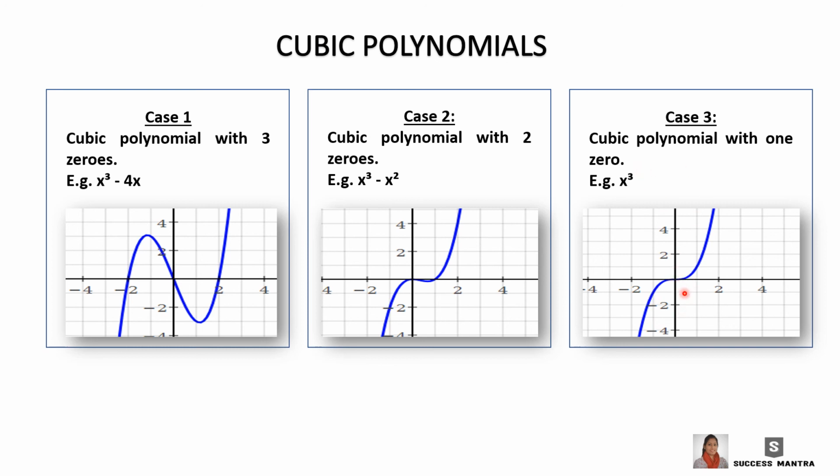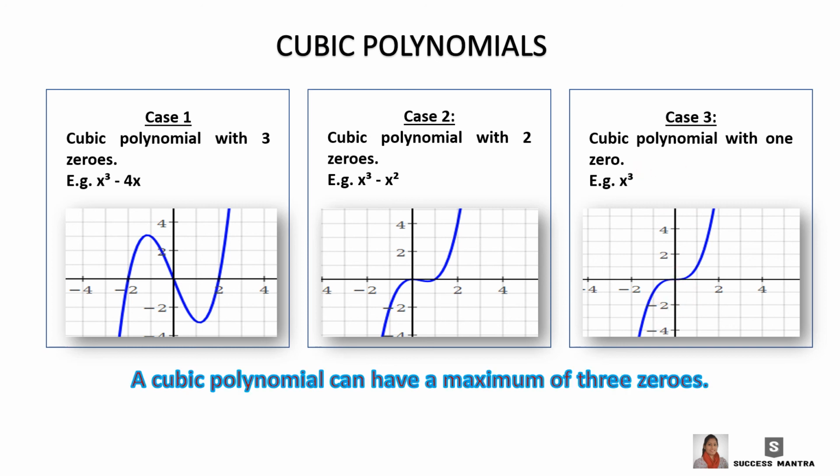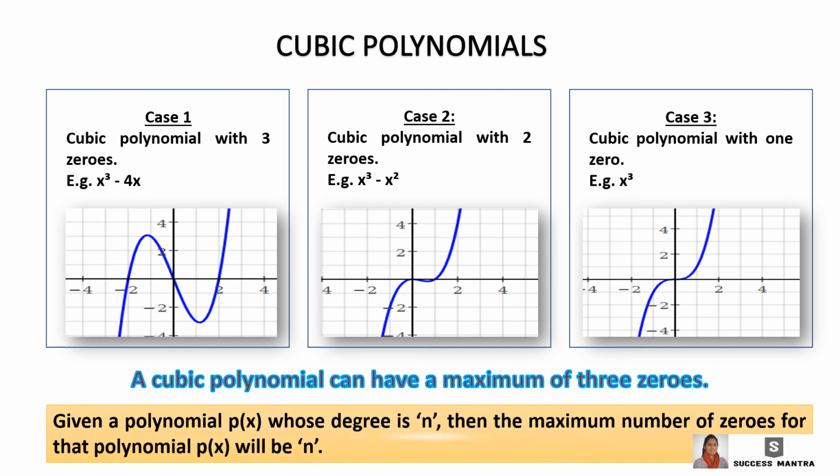So the cubic polynomial here has only 1 zero. So we can conclude that a cubic polynomial can have a maximum of 3 zeros. Only a maximum of 3 zeros is allowed, but it is not necessary that it has 3 zeros. Why is it maximum 3 zeros? Because the degree of the polynomial is 3 here. So it has only 3 zeros maximum.